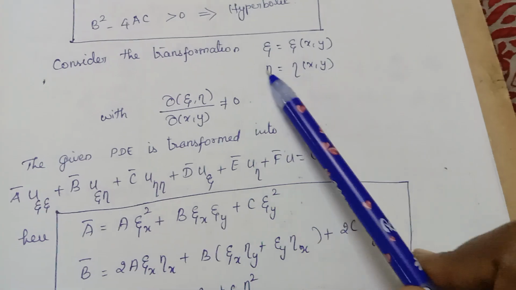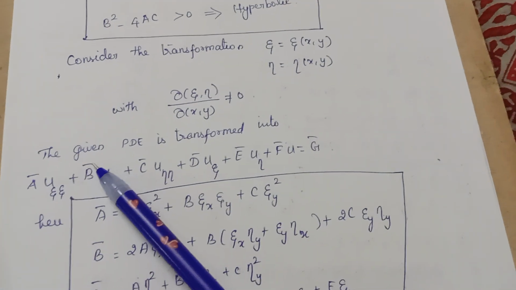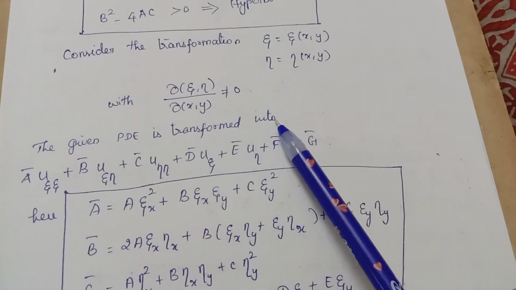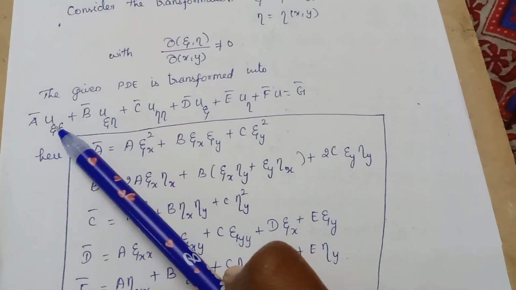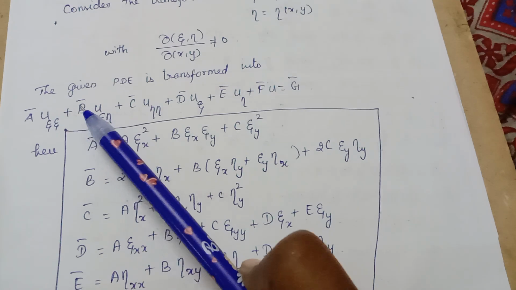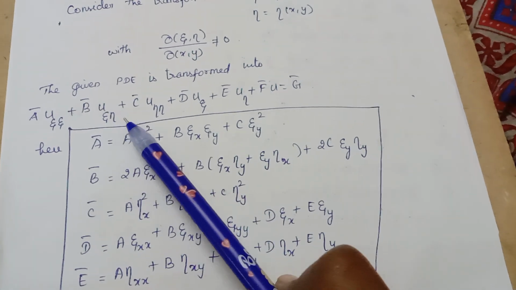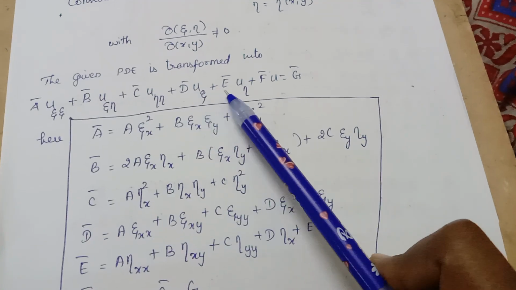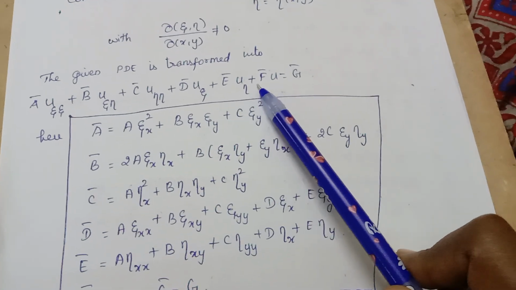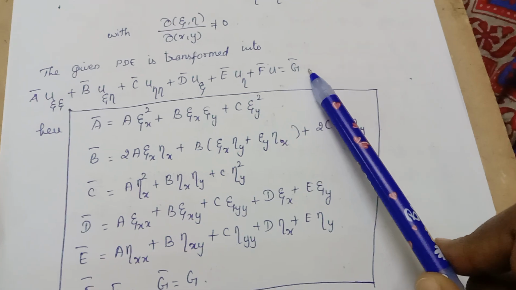After making this, the given partial differential equation is transformed like this: A bar u_psi psi plus B bar u_psi eta plus C bar u_eta eta plus D bar u_psi plus E bar u_eta plus F bar u equal to G bar.